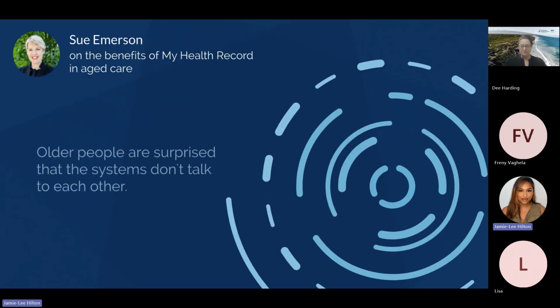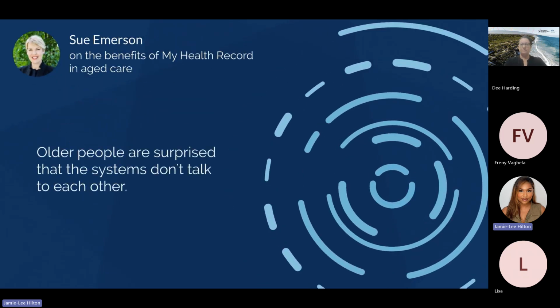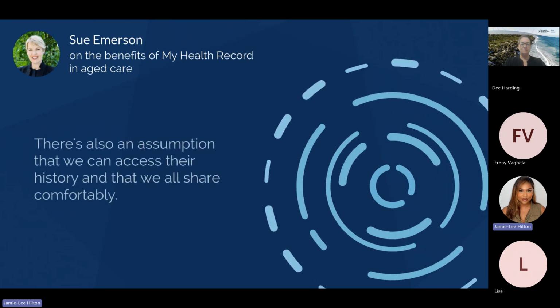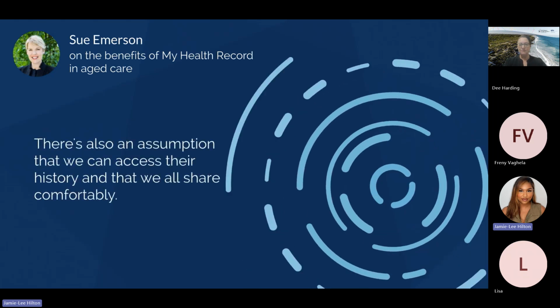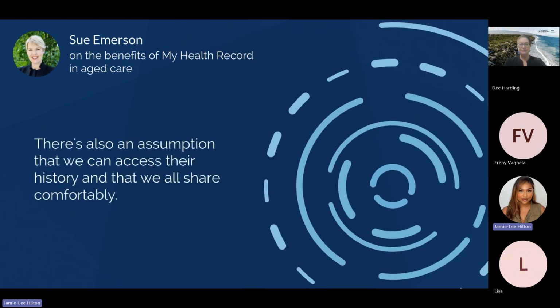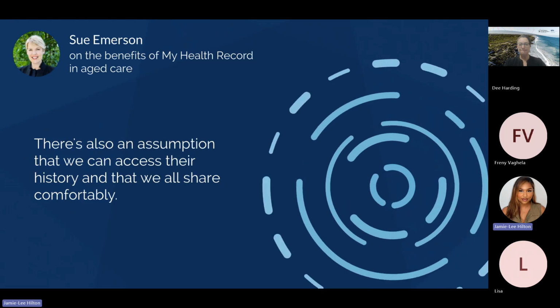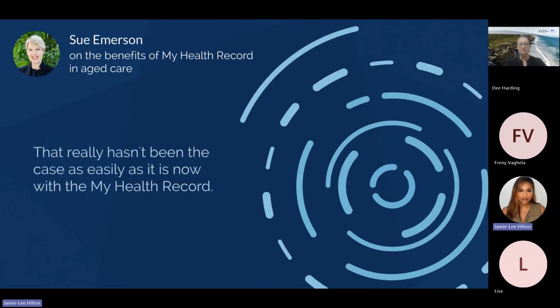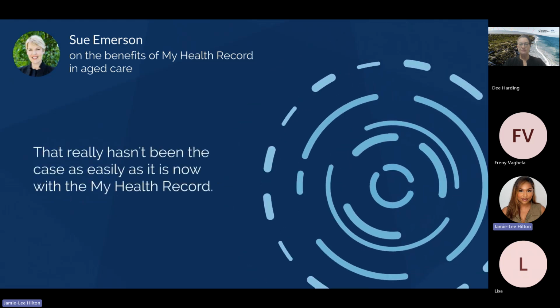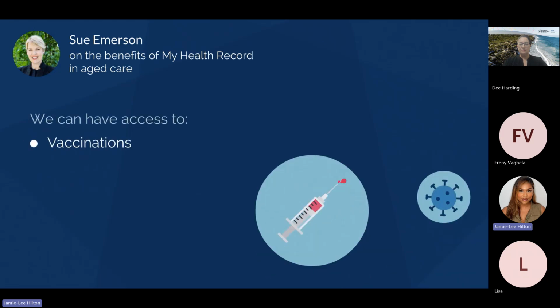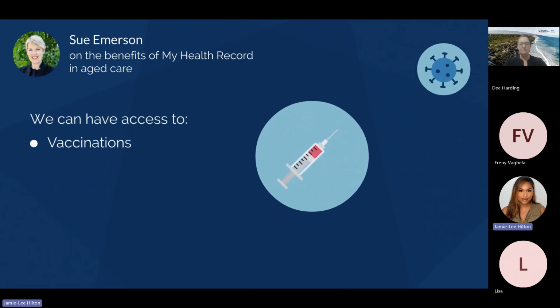Older people are really surprised that the systems don't talk to each other. There's also an assumption that we can access their history, their health information, that systems do talk to each other and that we all share comfortably. That really hasn't been the case as easily as it is now with the My Health Records. We can have access to things like vaccinations. Influenza vaccine has become an incredibly important protective thing for people who are ageing and living in residential aged care and in the community.